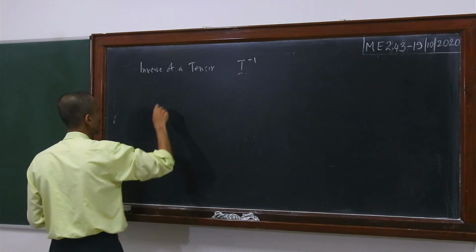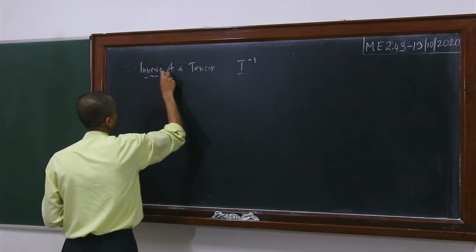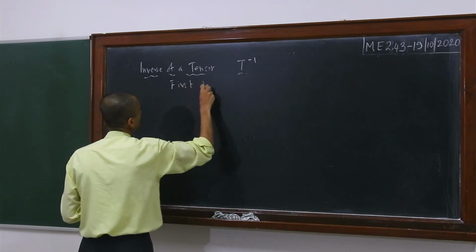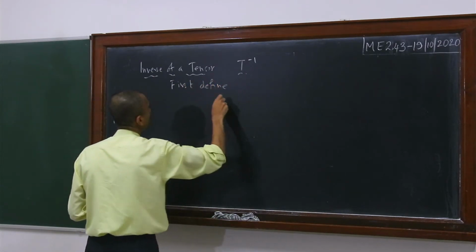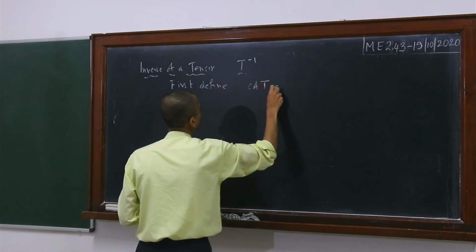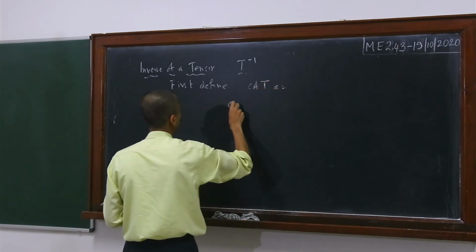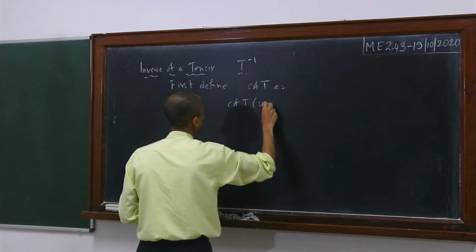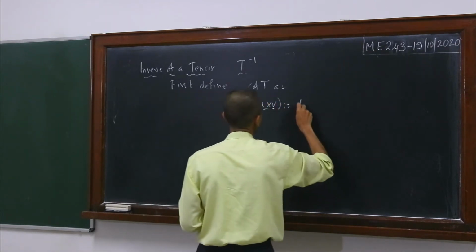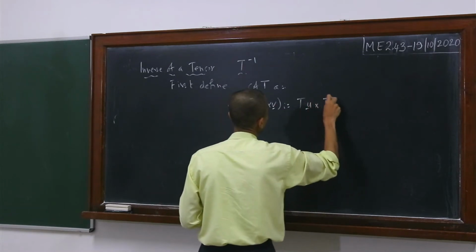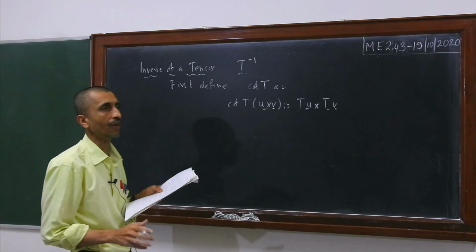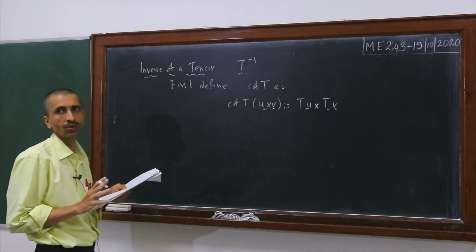the cofactor of T as cofactor T applied to u dyadic v is equal to Tu cross Tv. Okay. So again, because I am using this cross product, this definition is very specific to 3 dimensions.